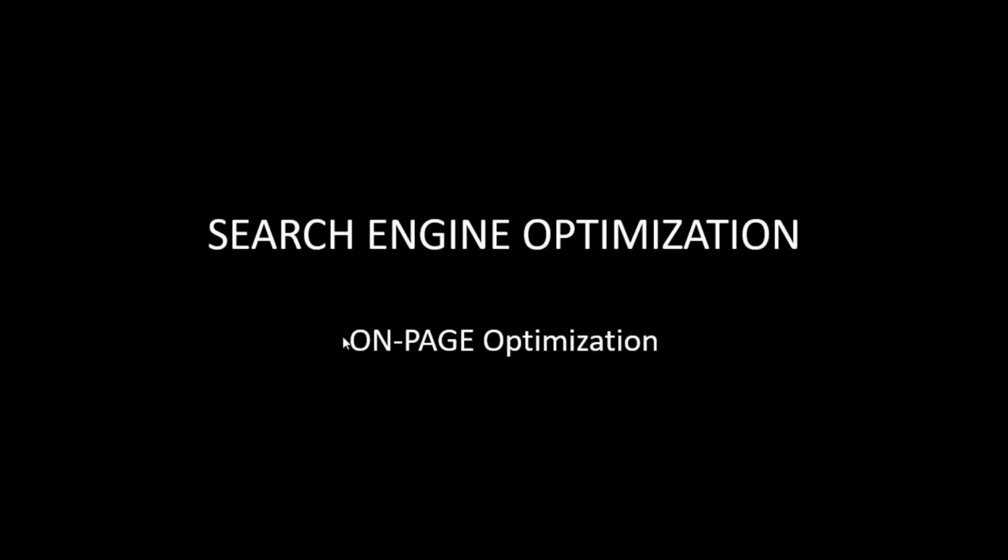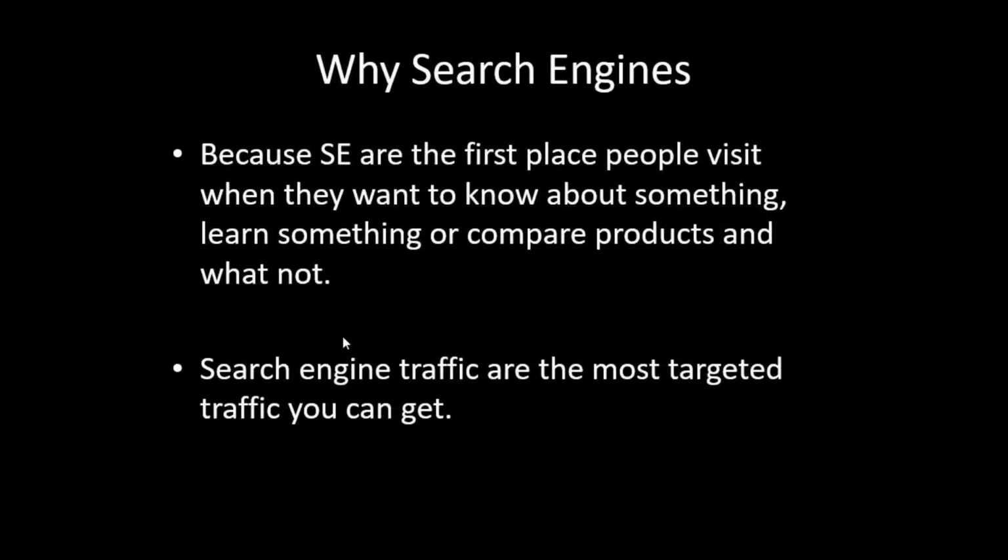So on-page optimization, first let us see what search engines are and why we are supposed to depend on them. Search engines are the first place people visit when they want to know about something, learn something, and compare products and so on.